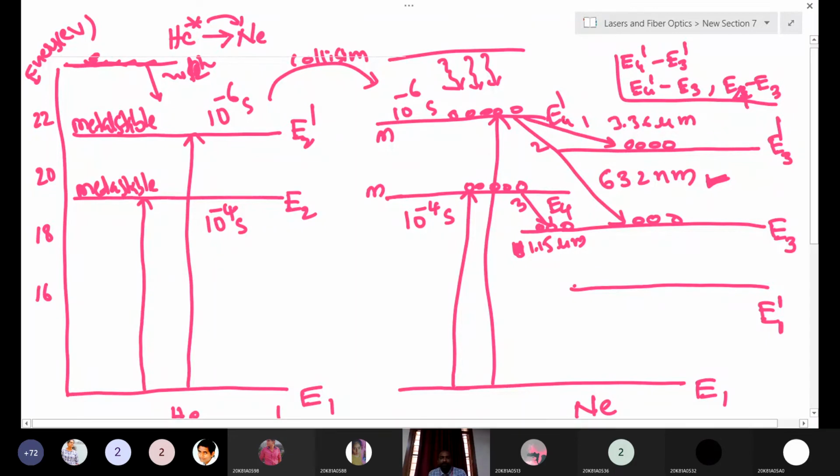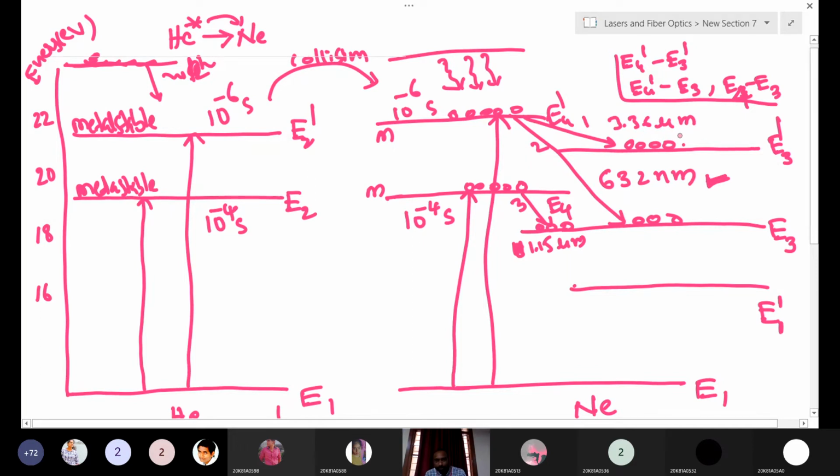First, from E4 dash to E3 dash, this emits 3.36 micrometer wavelength photons.